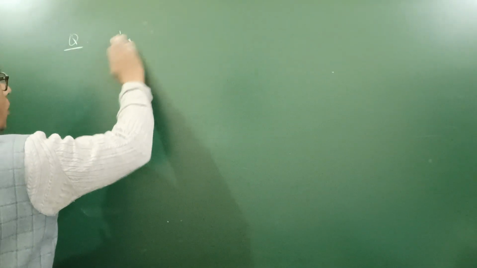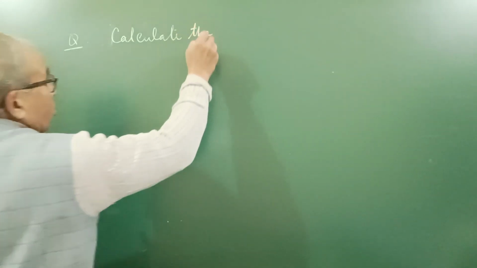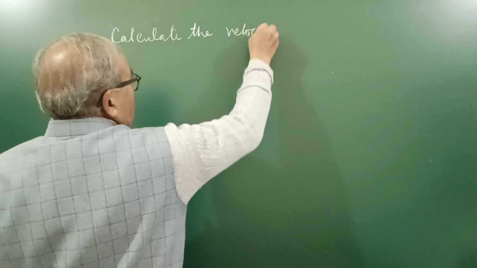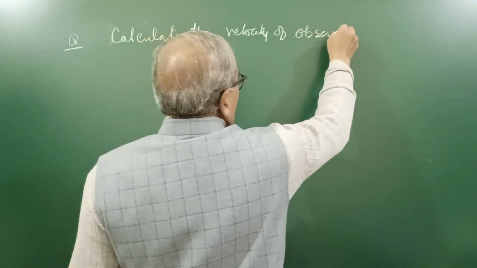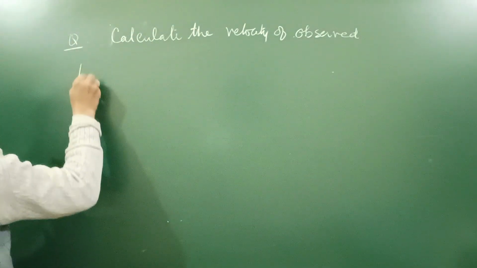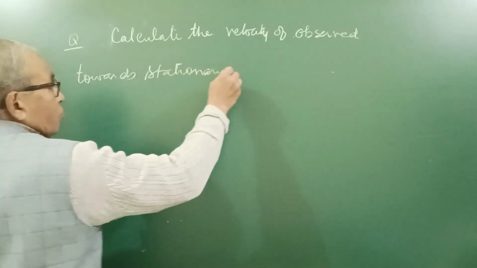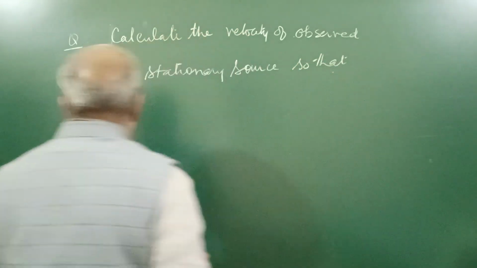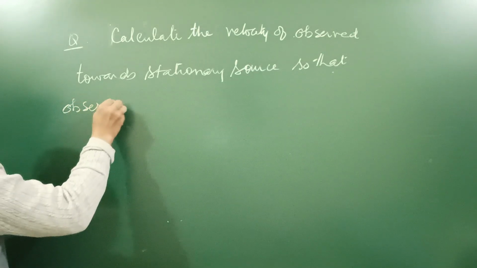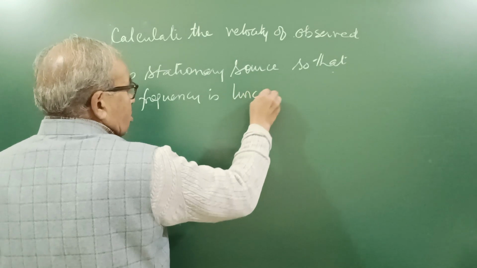There is a question here: calculate the velocity of the observer towards a stationary source so that the observed frequency is twice the real frequency.